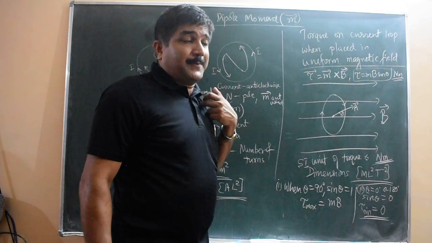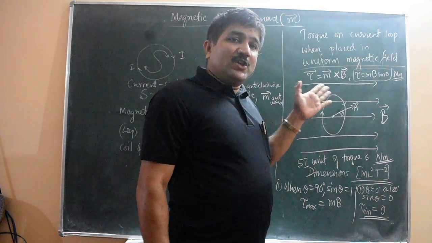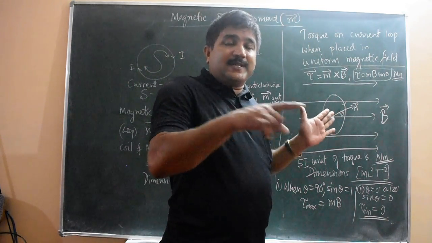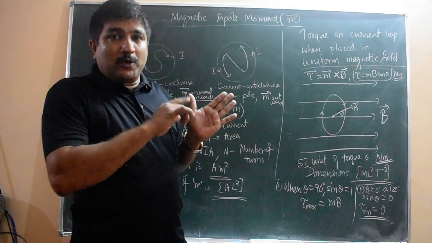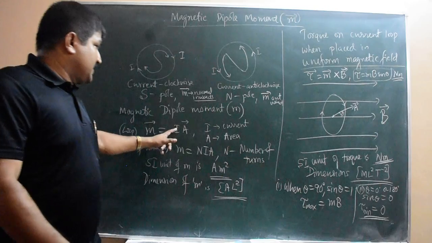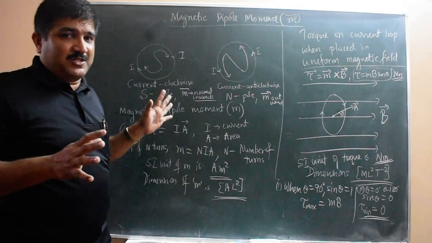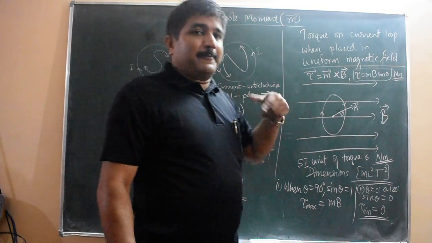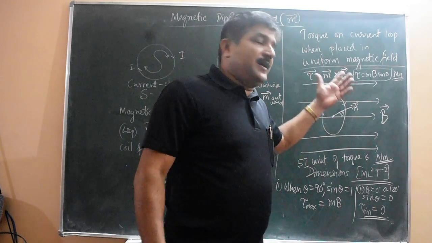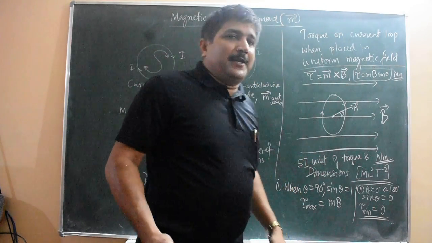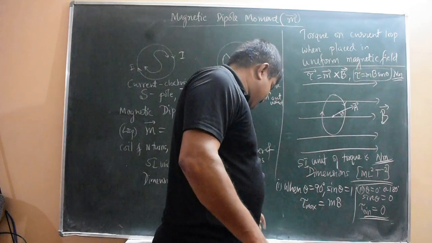In that case, the plane of the loop in the field means the area vector is perpendicular to the plane of the loop. So the area vector or dipole moment vector, because area vector and dipole moment have the same direction, is perpendicular to the B vector. The dipole moment of the loop and the magnetic field will be perpendicular. So that's all about this idea.